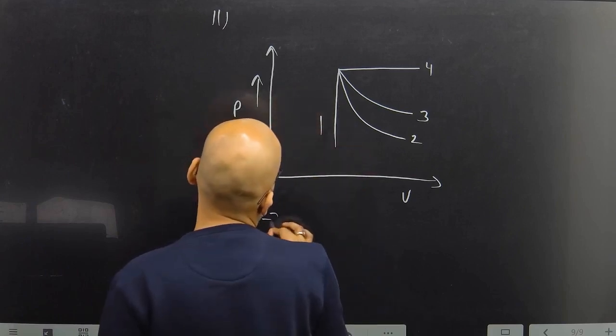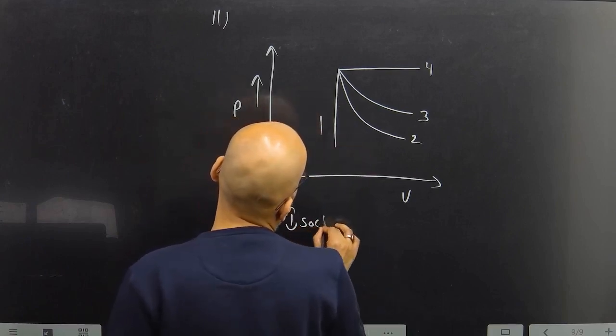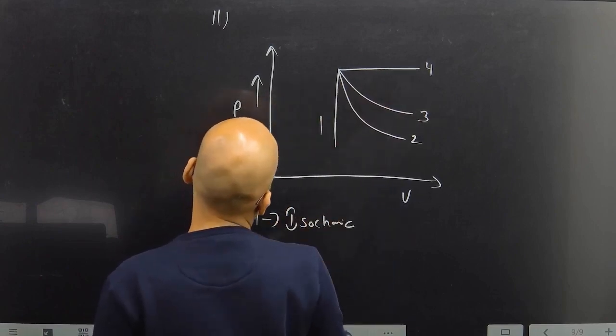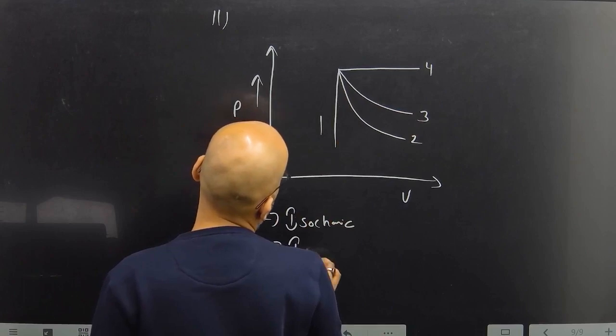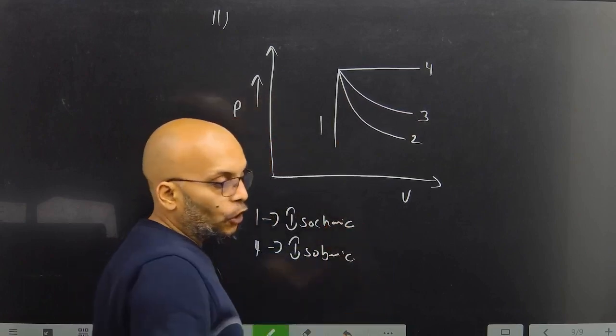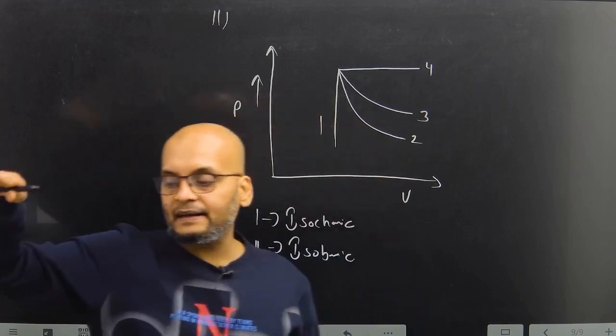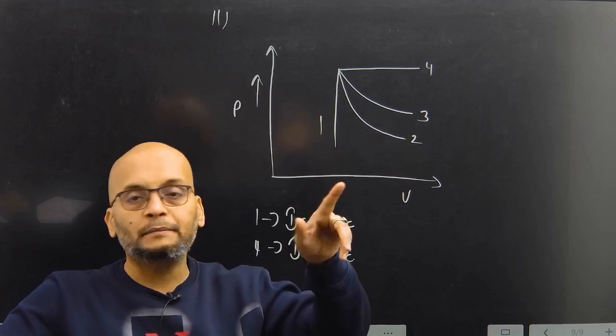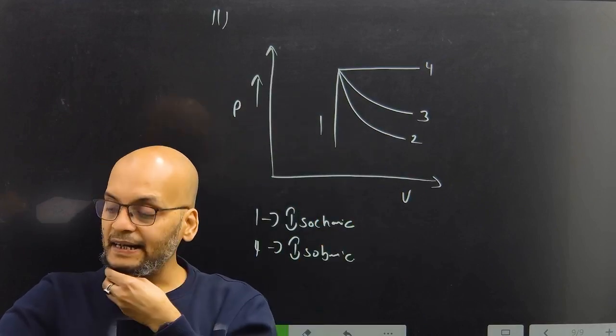So process 1 is isochoric. Where pressure is constant, that is isobaric. So process 4 is isobaric. We all know that the isothermal curve is steeper than the adiabatic curve.